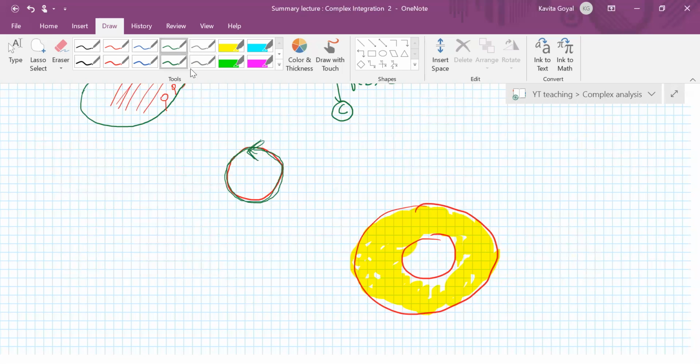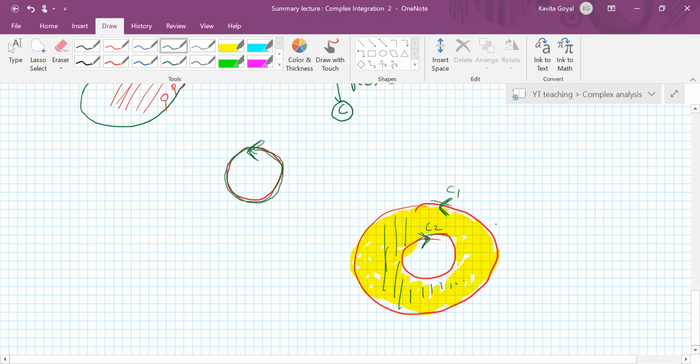Positive boundary, in the sense that the region contained inside the curve should be to the left, so the person has to move in this direction, and on the inner curve he has to move in this direction. So this is C1 and this is C2. C1 plus C2 is the boundary of this region.